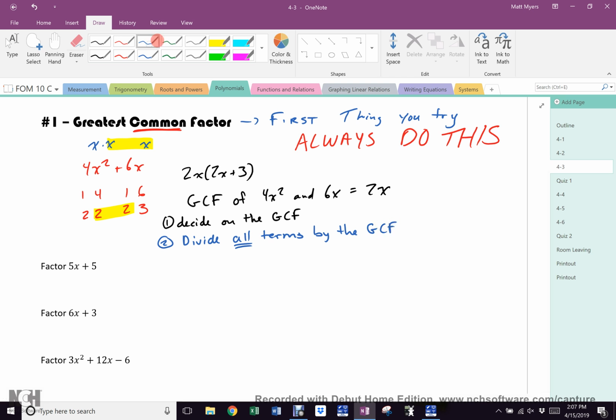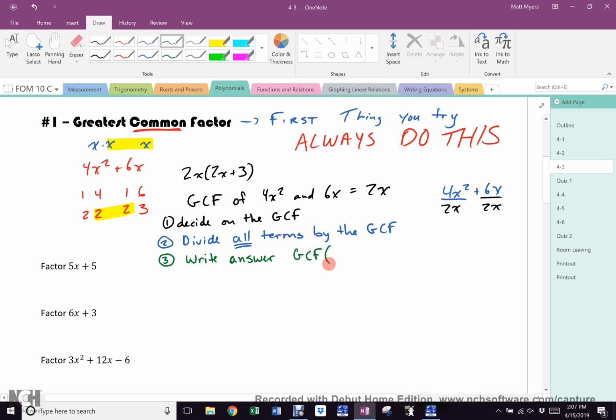So, my original terms were 4x squared plus 6x, correct? So now, I've done step 1. I decided my GCF was 2x. Step 2, I divide all the terms by the GCF, 2x. And then step 3 is write the answer in the following form.